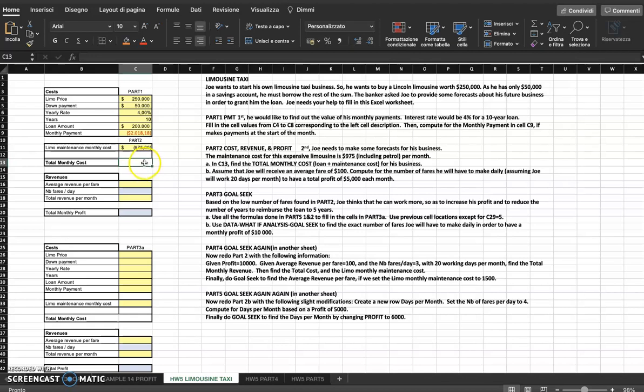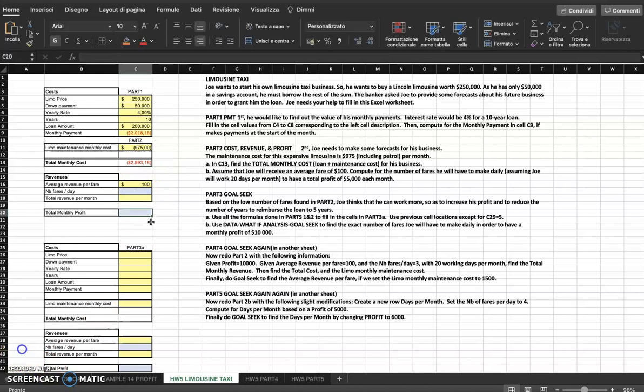For the total monthly cost, we just need to do equals our limo maintenance plus the monthly payment, the two that we calculated before. Then press enter, and this should be our total monthly cost, and it's a negative number.